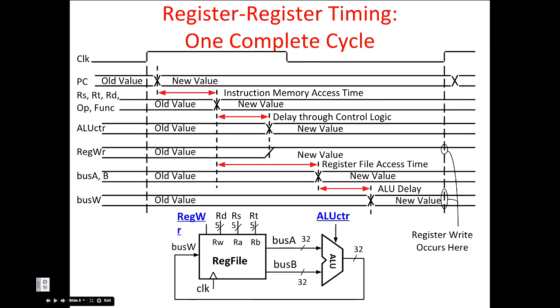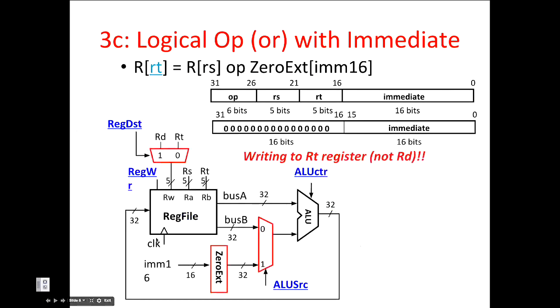For this simplified version, we were just assuming we're going to put RD into this write port. But sometimes we want RT. So we introduce this mux here. Now that we've introduced this mux, RD will have to go through this mux for add. So whenever we have an R-type, for instance, add, that's when reg dest will be a 1. Sound good? Okay.